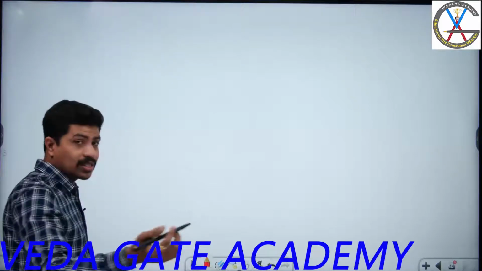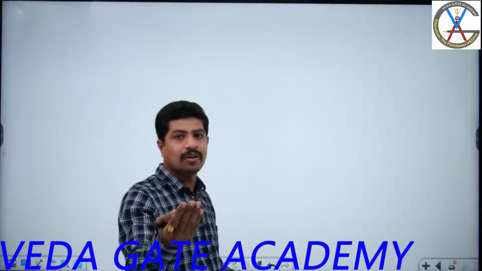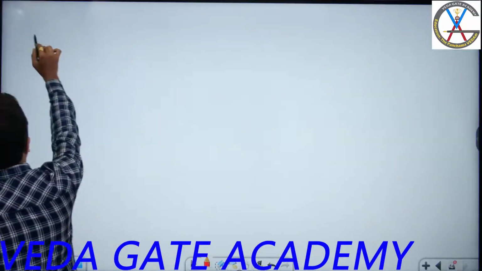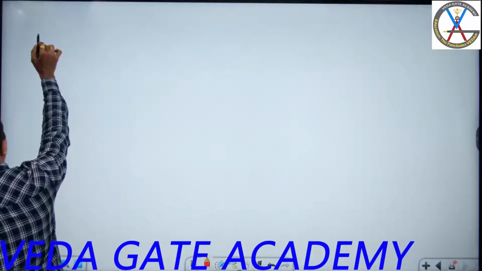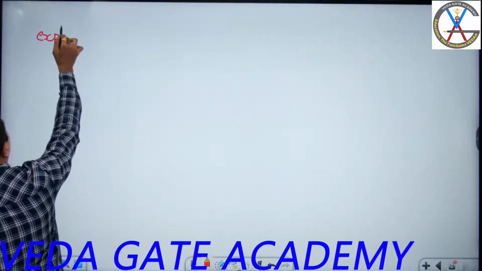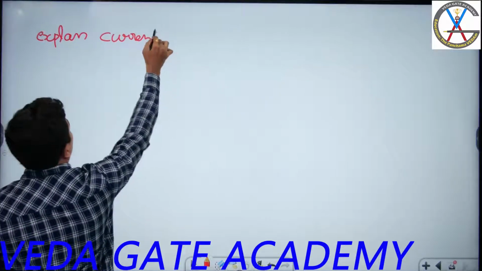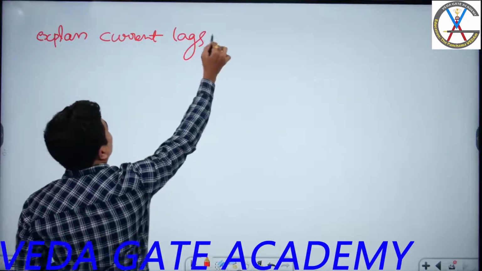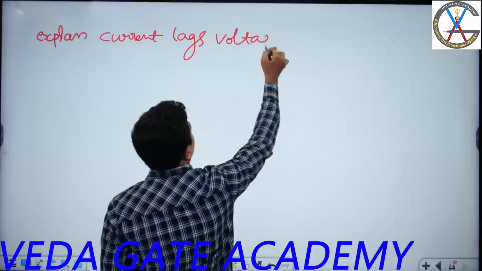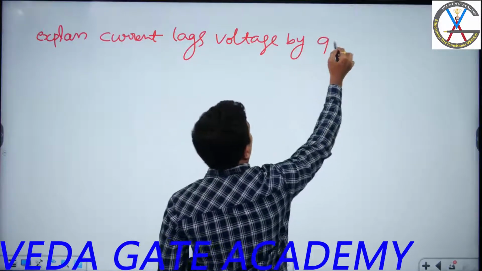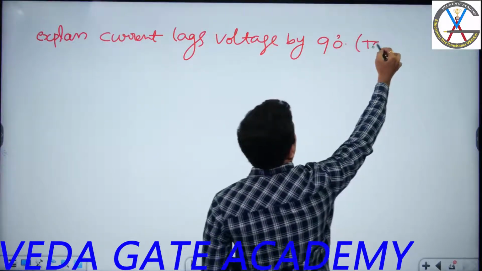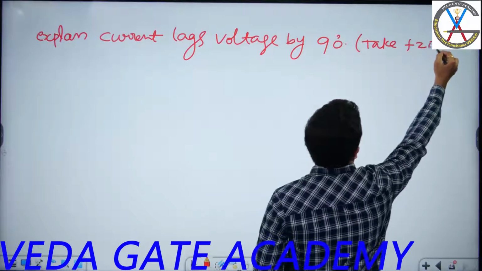This question was asked to a student in an IISc Bangalore interview, for MTech. The question is: explain current lags voltage by 90 degrees. Take f equal to 50 hertz.